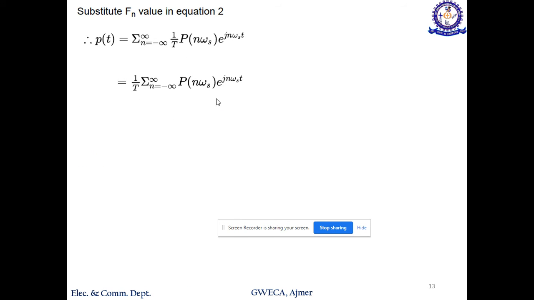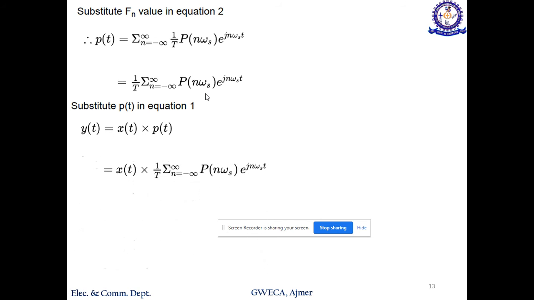So just substitute the value of p(t) in equation 1. Equation 1 was x(t) into p(t). x(t) is 1 over T, summation from minus infinity to infinity of n omega s, e to the power j n omega s t. Then you are getting this.